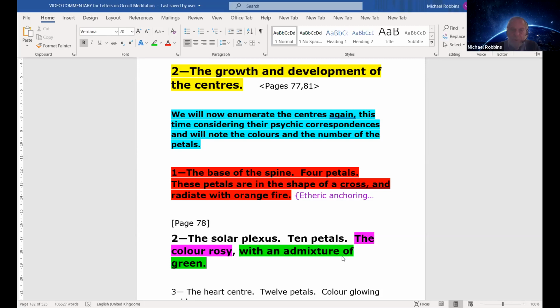So, you know, we really can go head number 1, torso number 2, below the diaphragm number 3.